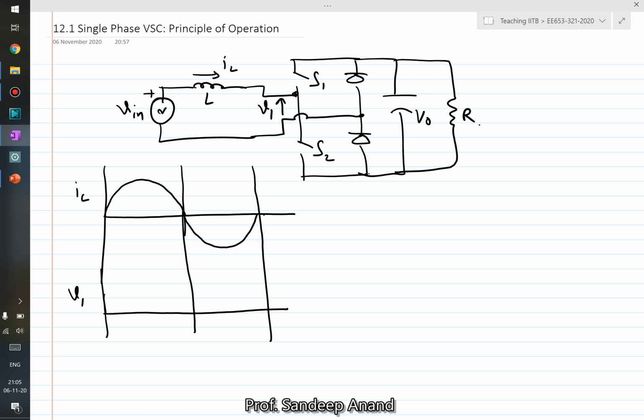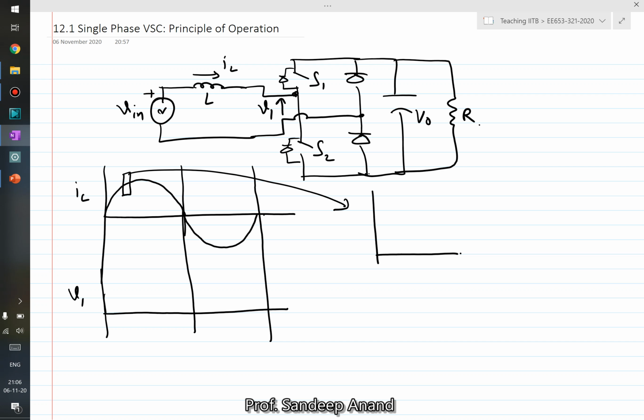So in the positive cycle, if you zoom into one of the areas, you would see that within this short period the current is flowing towards the right. By default we understand that these switches also have anti-parallel diodes connected to them.